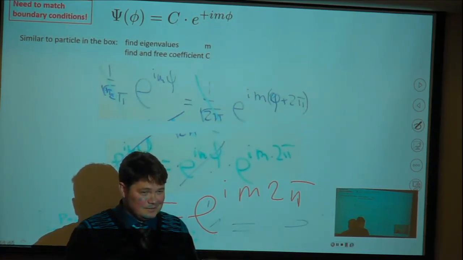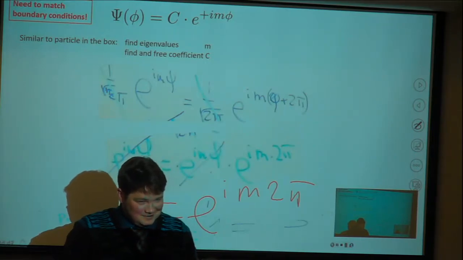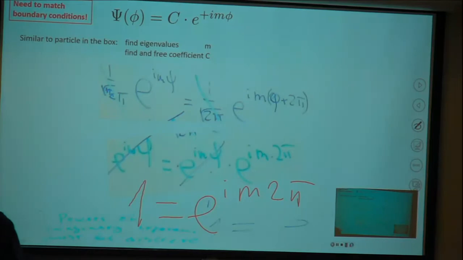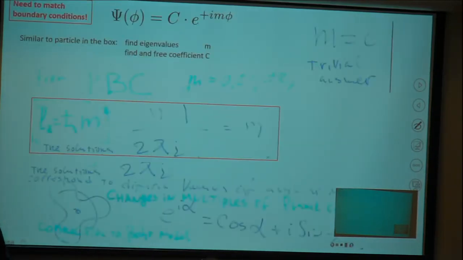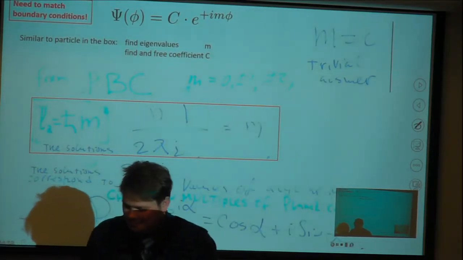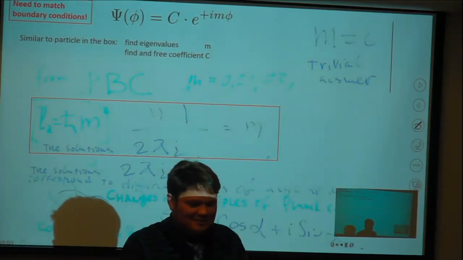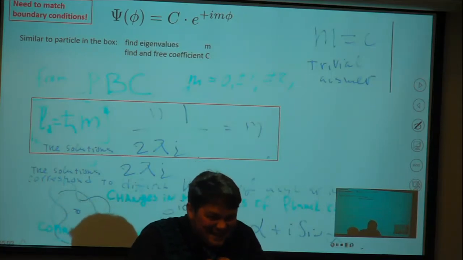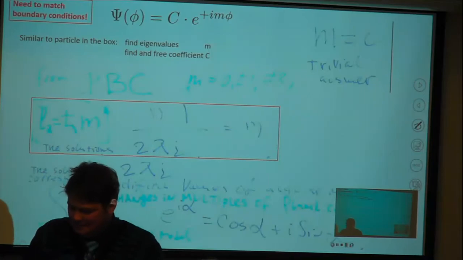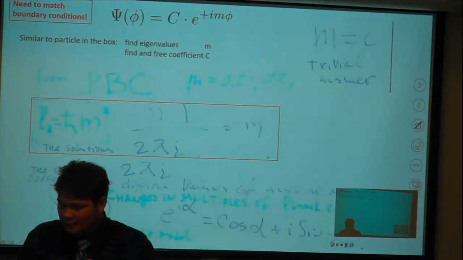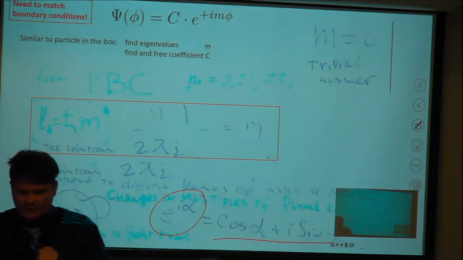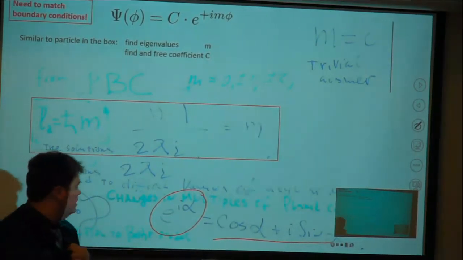I hope I'm not offending you by being slow and trivial. Who is our favorite old buddy? Euler. Yes. So if we have an exponential with imaginary power, it's a sum of real and imaginary parts, right?